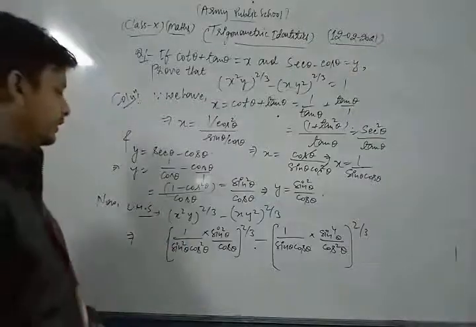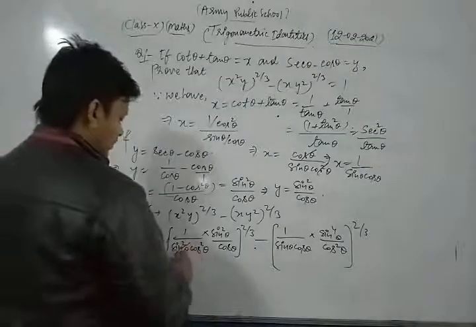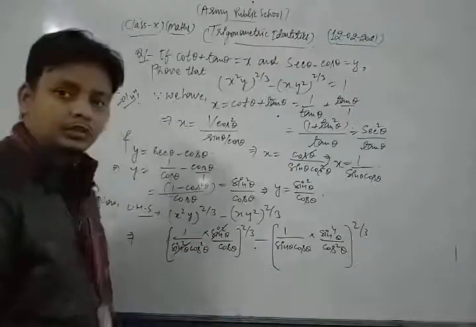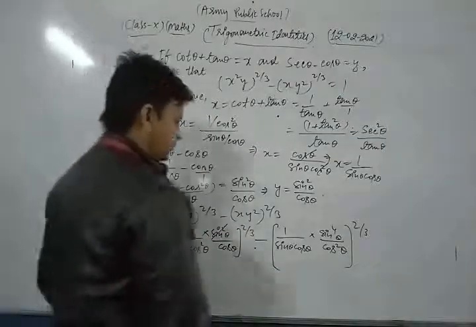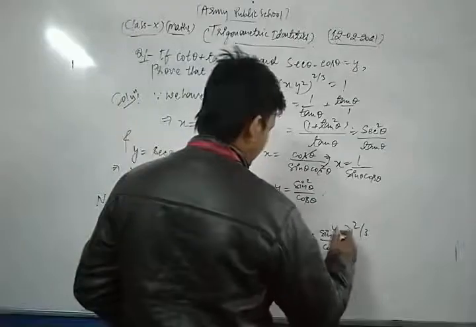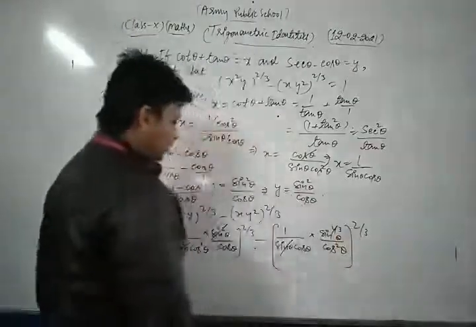Now we simplify them. Let's see here. Sin square theta cancels with each other; one sin cancels, so sin cube is left.